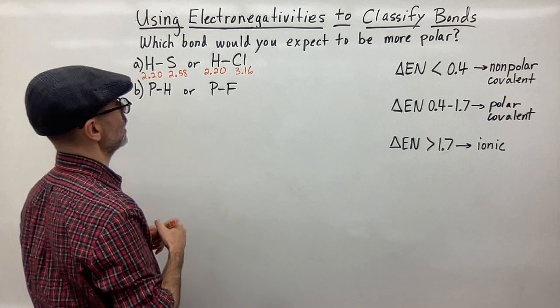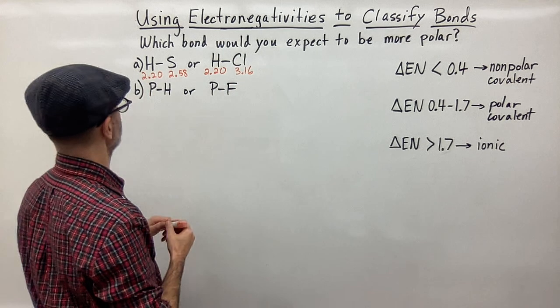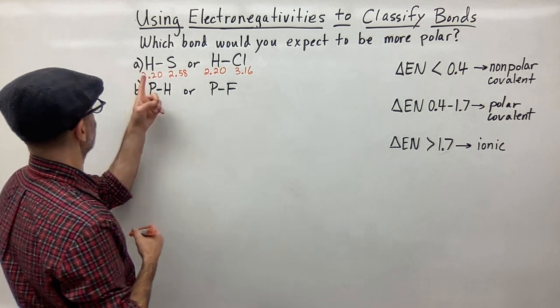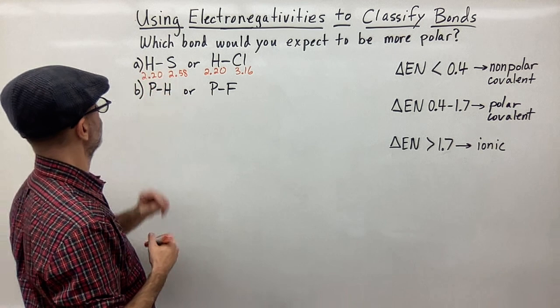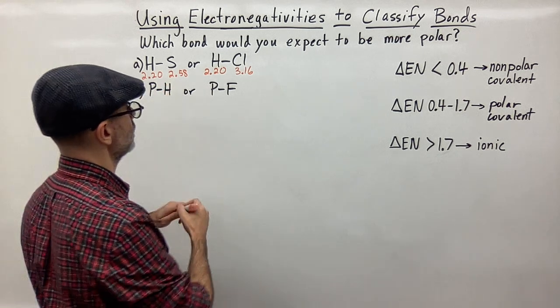So that's going to give an electronegativity difference for the hydrogen sulfur bond. That's going to be 0.38.